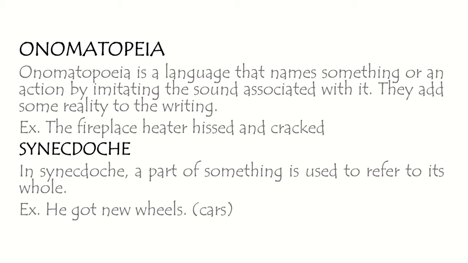Or it could be I am feeding 10 mouths. So I use the word mouths, and mouth is part of the body of an individual. Well, apparently I am just simply trying to say that I am feeding 10 people. So that is synecdoche. We are using a part as a representation of a whole.